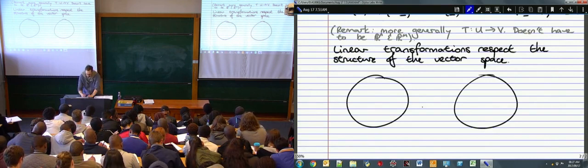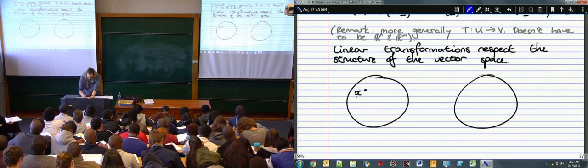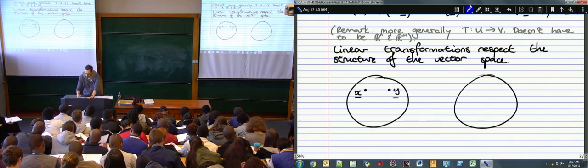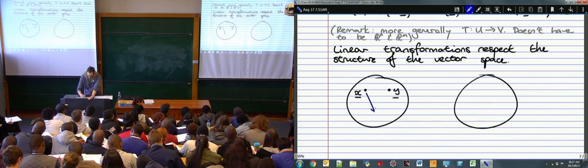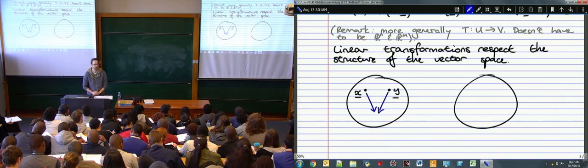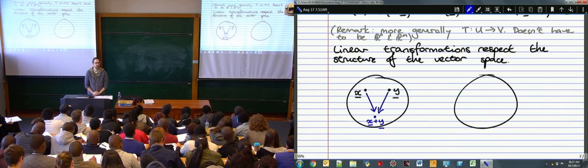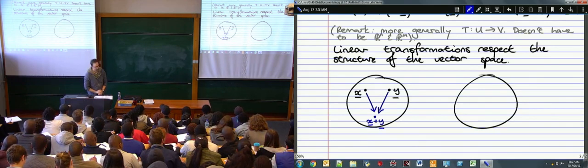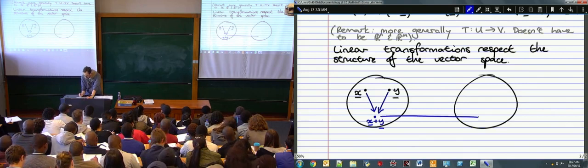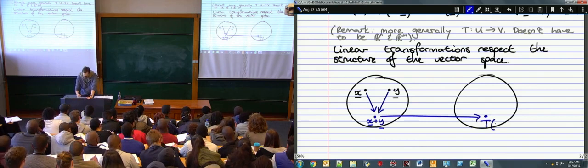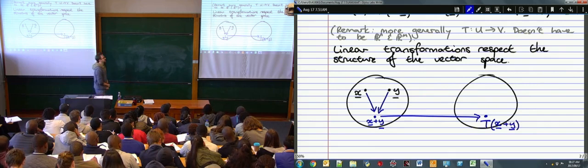If I've got two vectors over here, let's call this vector x and this vector y. What we could do is we could say, well, I'm going to combine these two vectors in some way, and I'm still in this same vector space. So I add these two vectors and I get x plus y, right? And then I take this resulting vector x plus y, and that gives me some output, which is the transformation of x plus y.